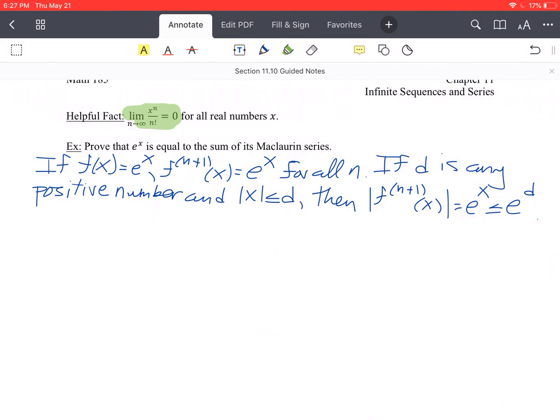Okay. So, now we look at Taylor's inequality.